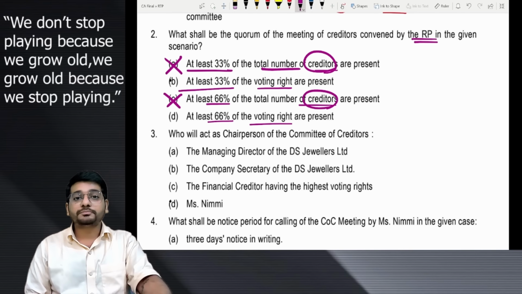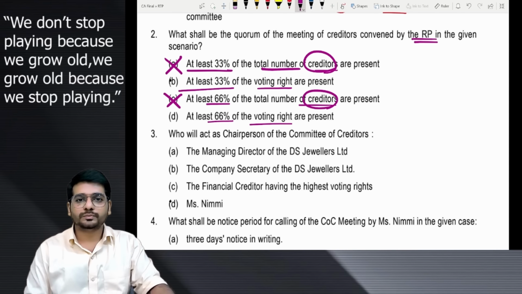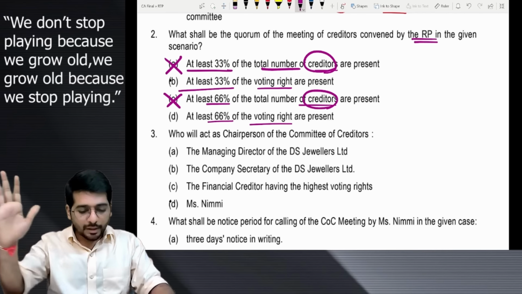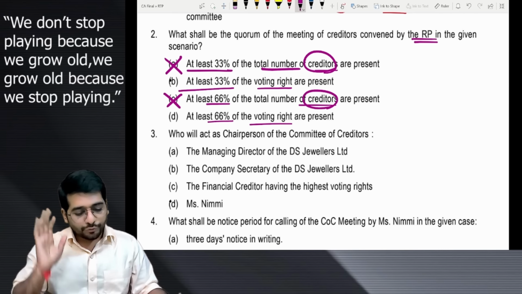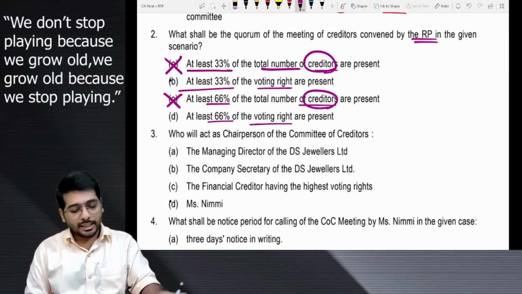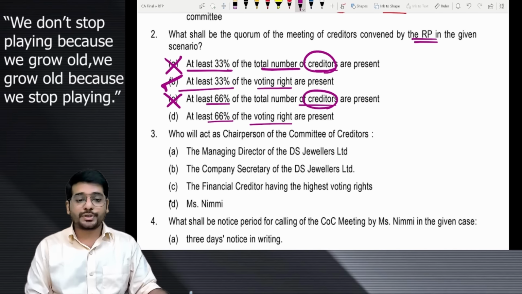Creditors are always considered and calculated in value. So number of creditors is irrelevant for me. So only two options left, 33% voting right or 66% voting right. Answer will be 33% voting right.